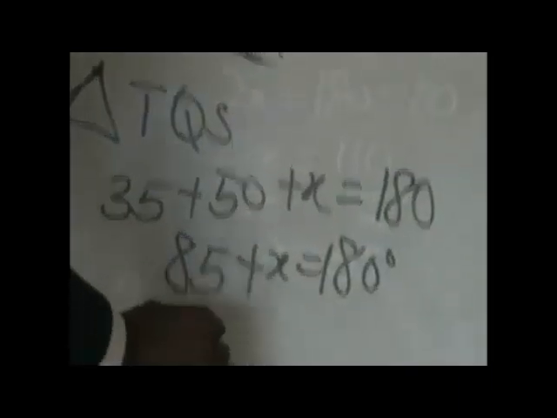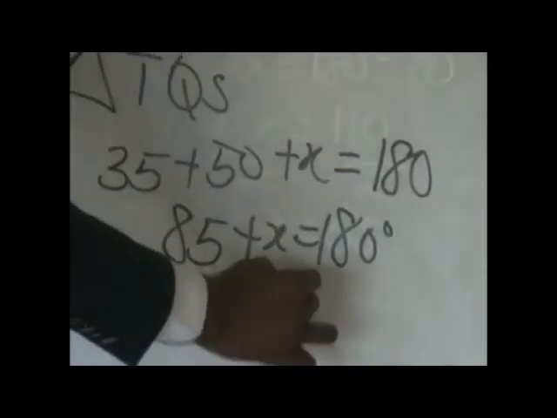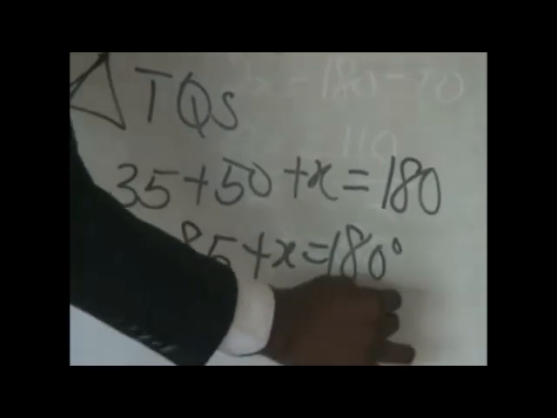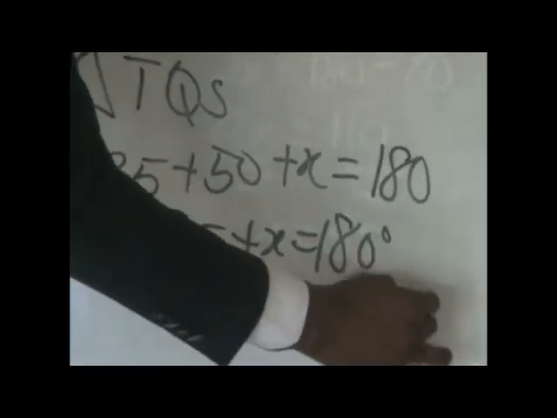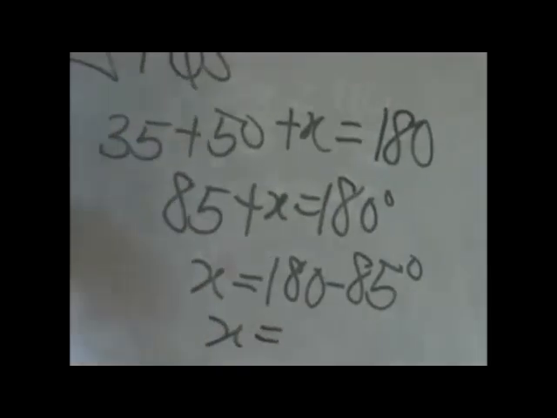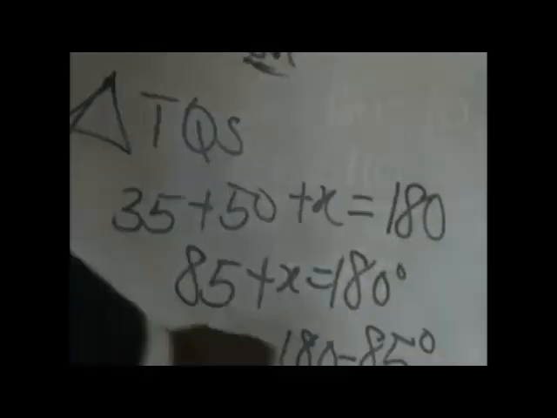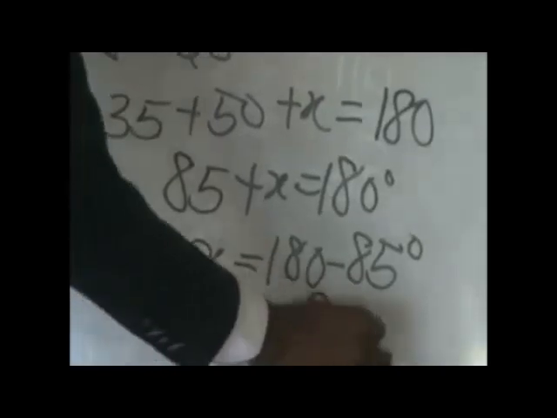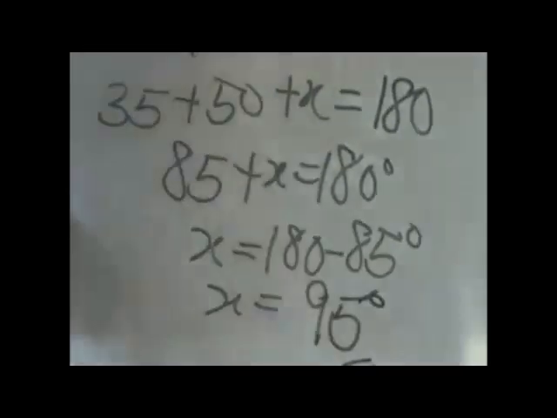Let's arrange it very well. Now this is x, I collect like terms. It becomes 180 minus 85 degrees. So x becomes 180 minus 85, which gives me 95 degrees.